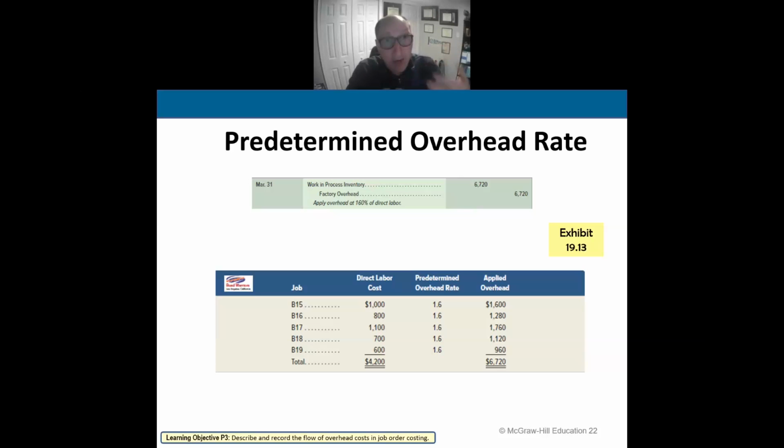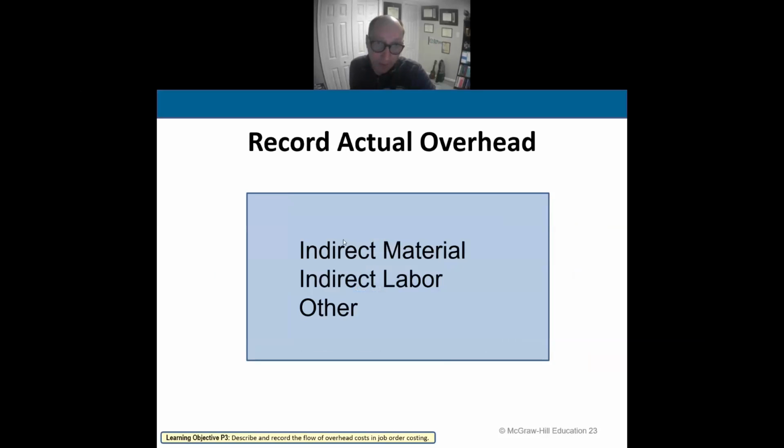So we apply what we call applied factory overhead. So we debit work in process inventory to again increase the value of work in process inventory, and we credit factory overhead to increase our recognized factory overhead. And again, the predetermined factory overhead rate is 160% of direct labor, at least in this example.